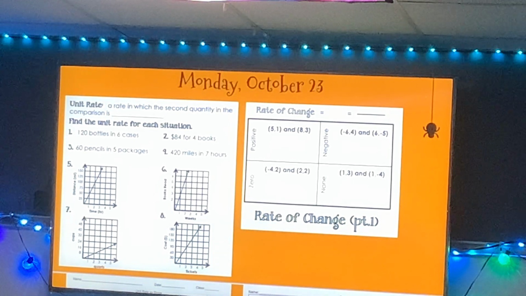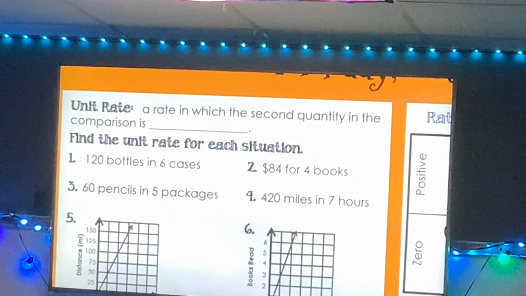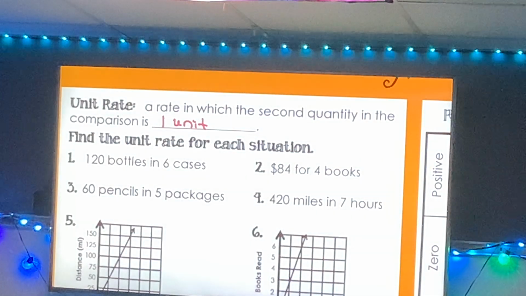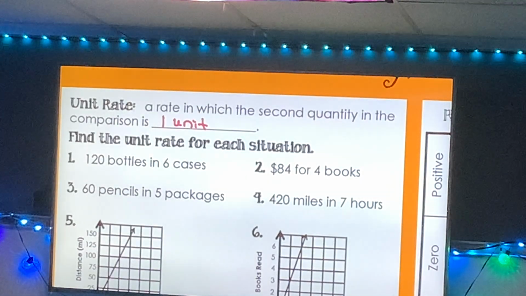So, we're going to learn it 2 different ways. So the first thing is unit rate, we've already talked about that, is a rate in which the second quantity is in comparison to 1 unit. Unit rate, 1 unit.